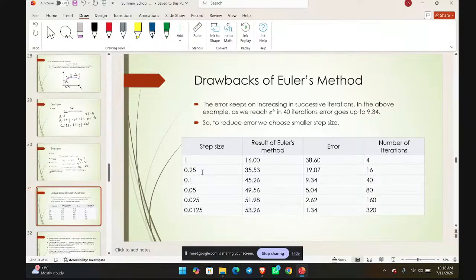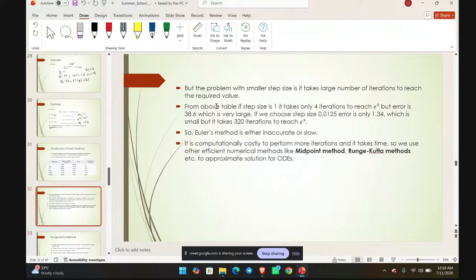If we choose a smaller step size, the number of iterations increases, but the error decreases. At the step size of 0.0125, the error becomes 1.34, which is good enough, but it takes 320 iterations. That's the main drawback of Euler's method. Euler method is either inaccurate or slow.